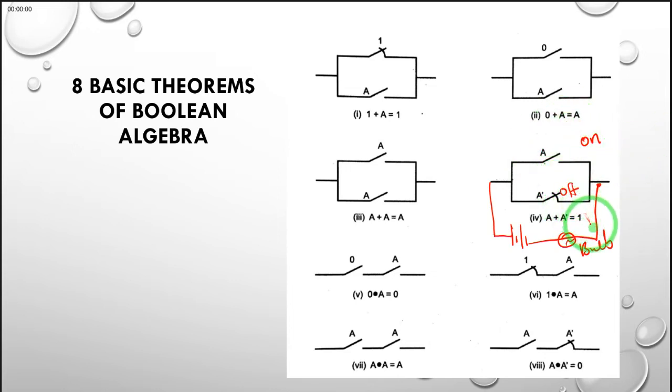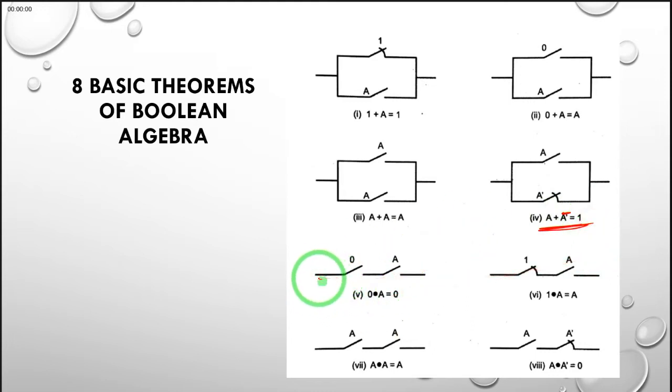Therefore, what we are sure about is that this connection will always be on, because if this one is open, this one is closed. If this one is closed, this one is open. And for that reason, the output will always be a 1. And that is why we are saying that A or A bar or A prime will always be a 1 no matter what.